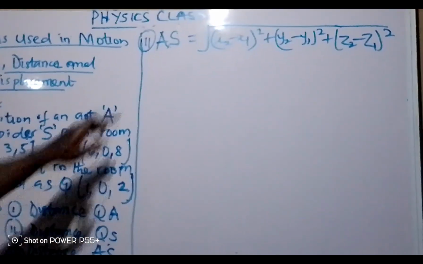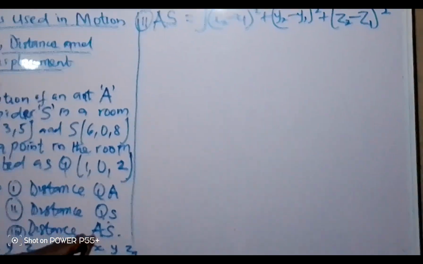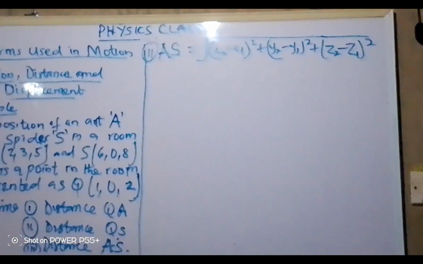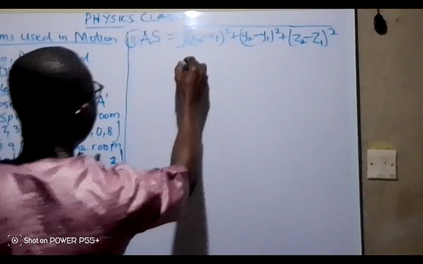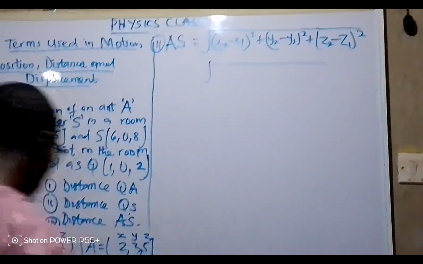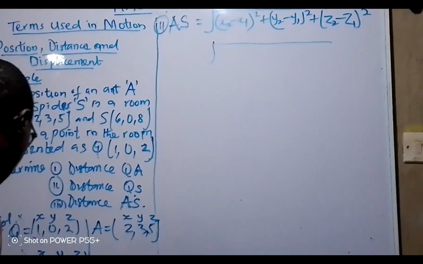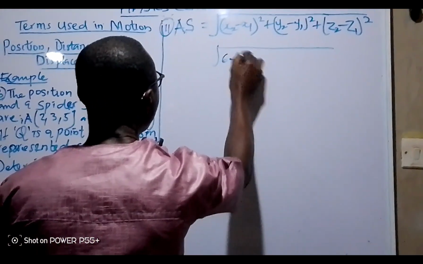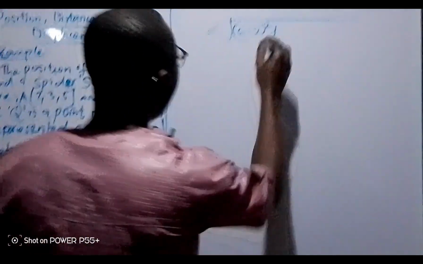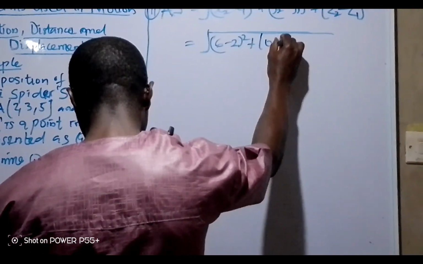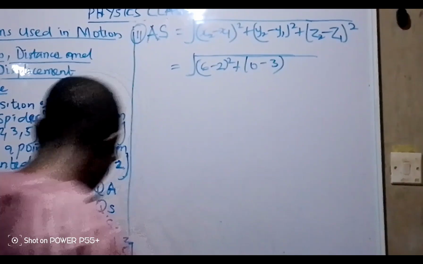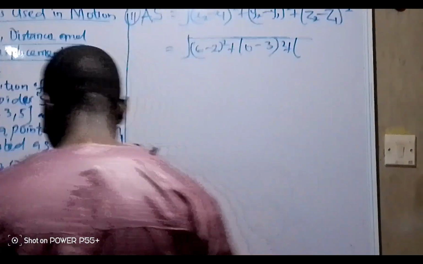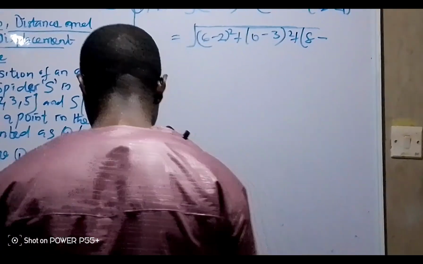For the distance between the ant and the spider, the formula remains the same, but the only thing that's different is the values. Now for this one, the x2, which is S, that's 6 minus 2 square, plus our y here is 0 minus 3, and for z square, that will be 8 minus 5.